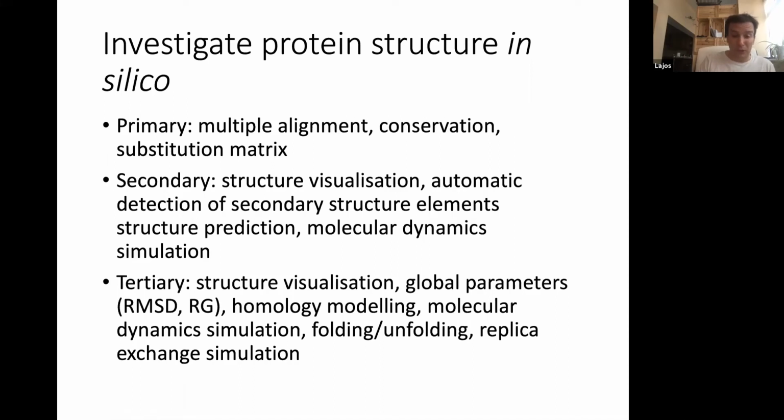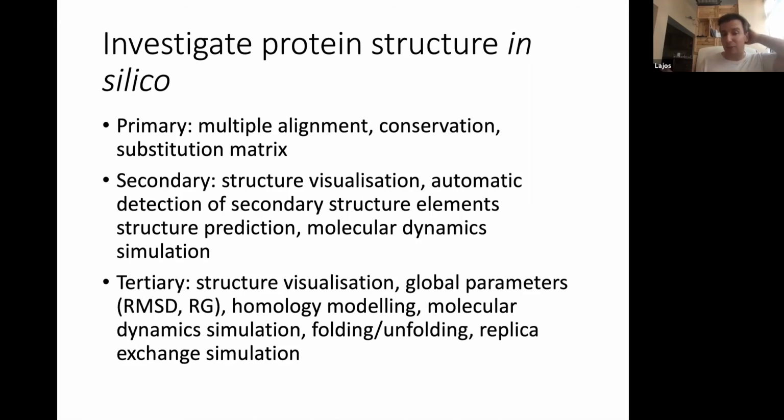So if you think about those figures, I think many of you already saw superimposed structures when you have two different structures, very similar, but they have some kind of difference between them. So what is happening during the RMSD calculation is that all atoms, or usually all alpha carbon atoms, are compared to each other in the two different structures, and an average distance between these will be calculated.